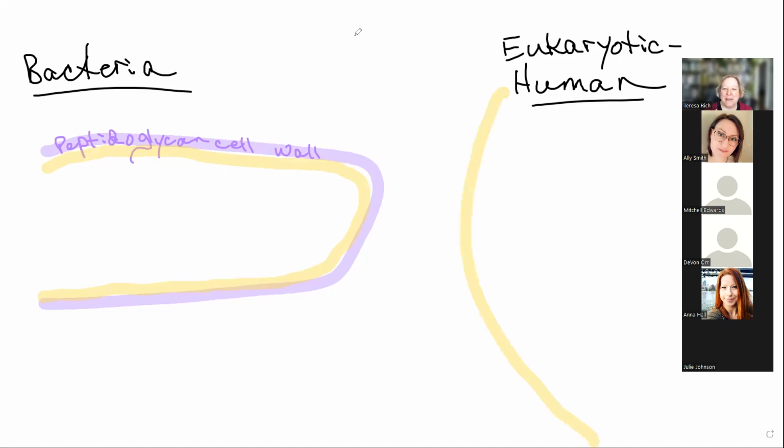Okay, so let's go ahead and put that on both of them. And that's what keeps the cytoplasm in. Okay, it's a boundary between the outside and the inside.